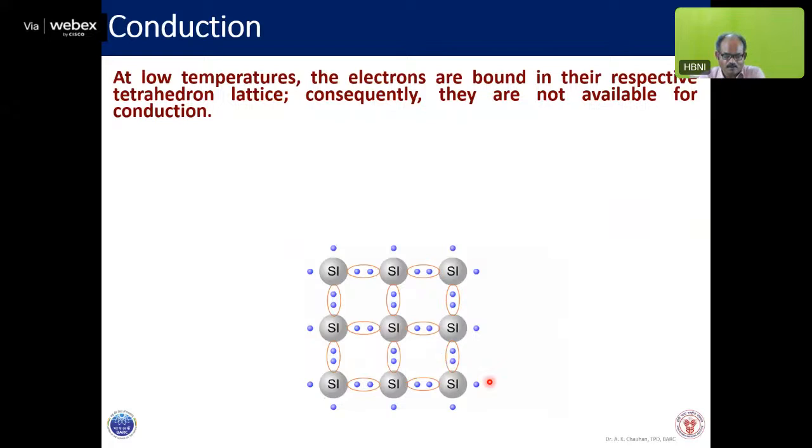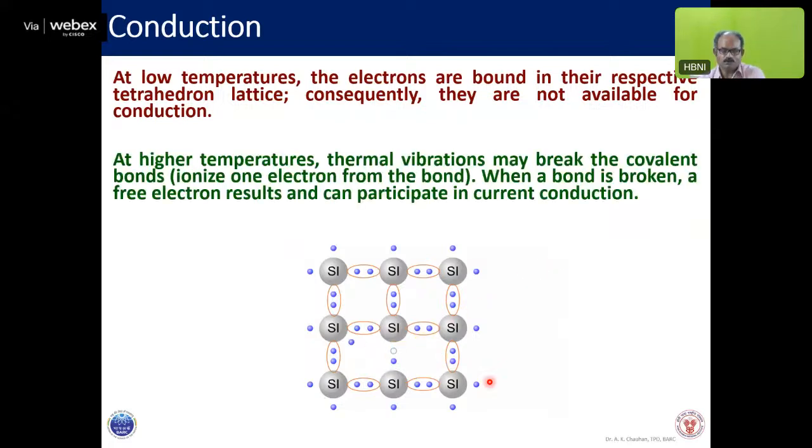This is right. But as we start increasing the temperature, at higher temperatures the thermal vibrations break the covalent bonds and ionize some electrons from the bond, not all electrons. What will be the fraction? That will depend on the Maxwell-Boltzmann distribution, Maxwell-Boltzmann statistics.